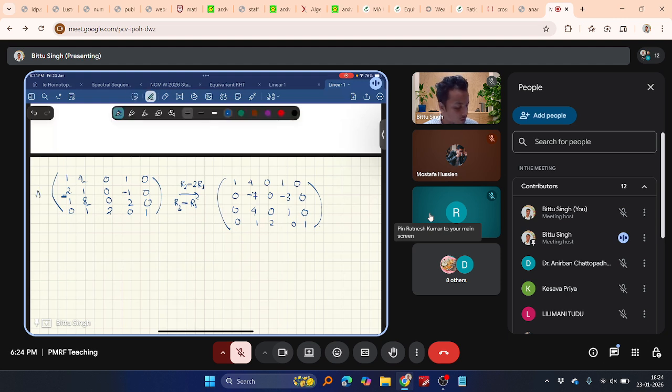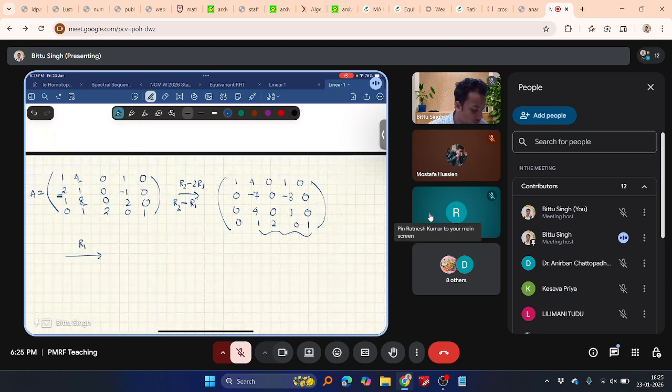The given matrix was A, and we have just applied these two operations. Now we can choose any row, and this is probably the best choice because the first entry is already 1, so we can exchange r2 and r4.